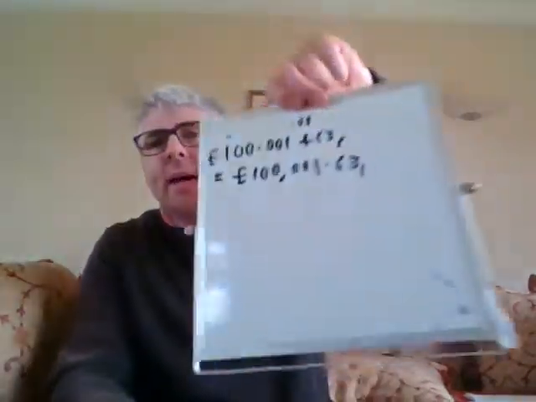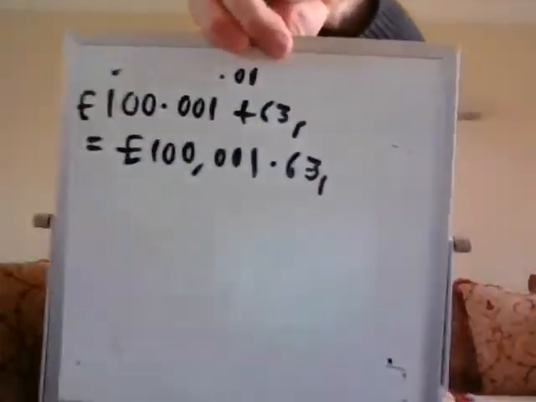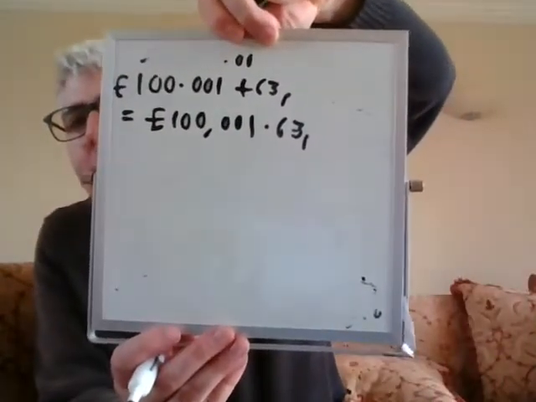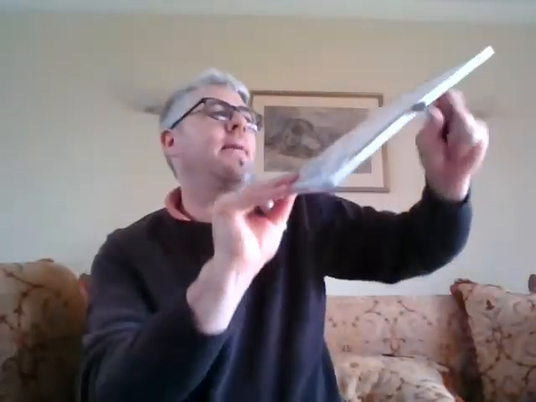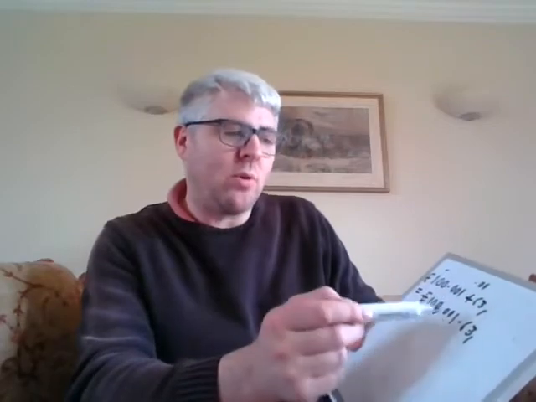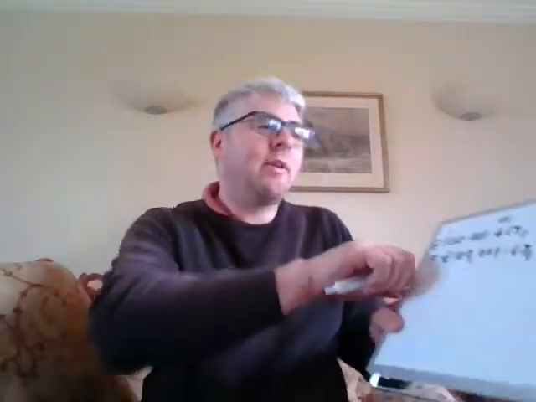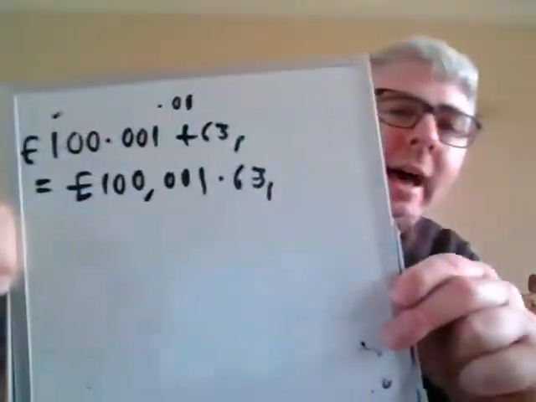I just want you to see that. And obviously, the pennies, the answer is 63p, and on this one it's 100,001 exactly, and it's got no pennies on the penny column. It's 00, but that's got 63. So I just wanted you to see that.